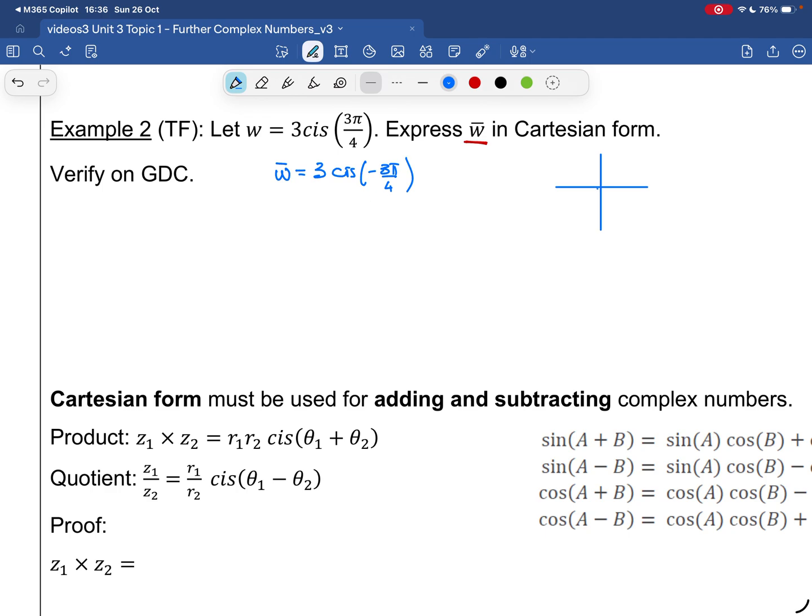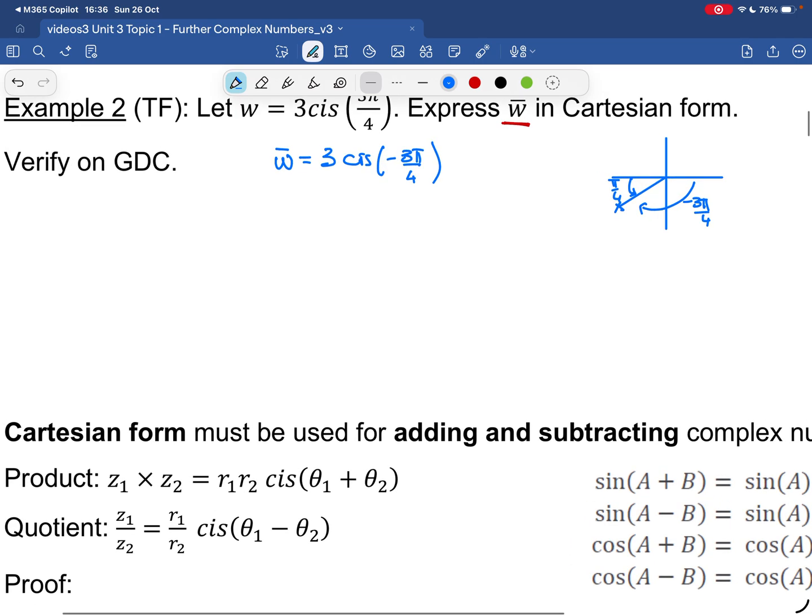Negative 3 pi on 4 is in quadrant 3, and that means that we're going to be dealing with a pi on 4 angle over here. All right, so that's our negative 3 pi on 4, and that's where my complex number is. All right, let's work with it.